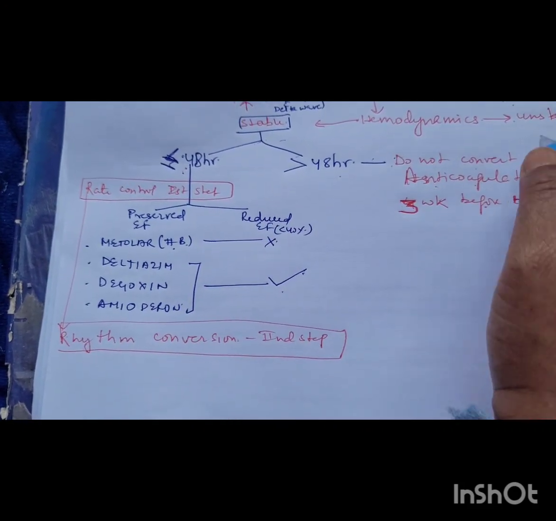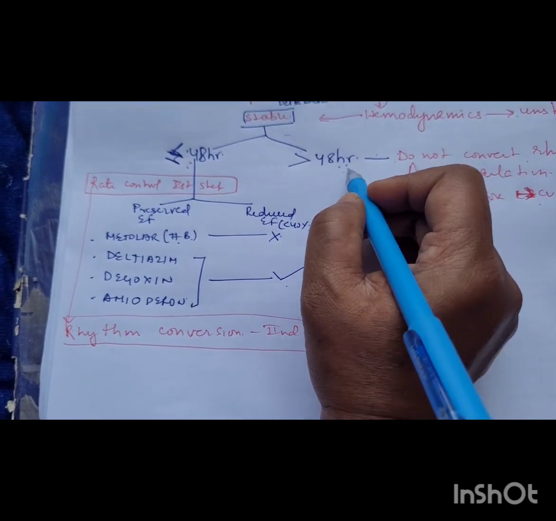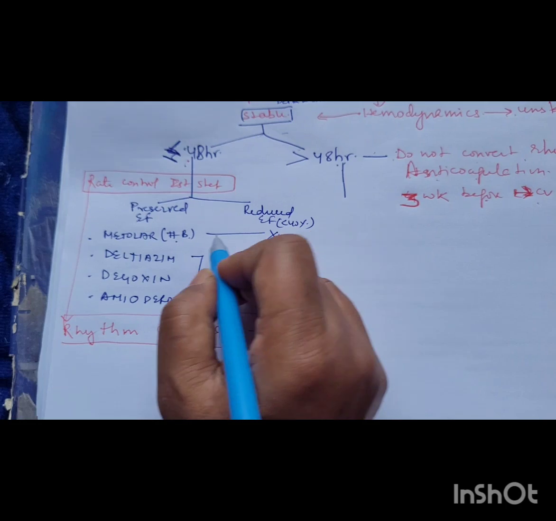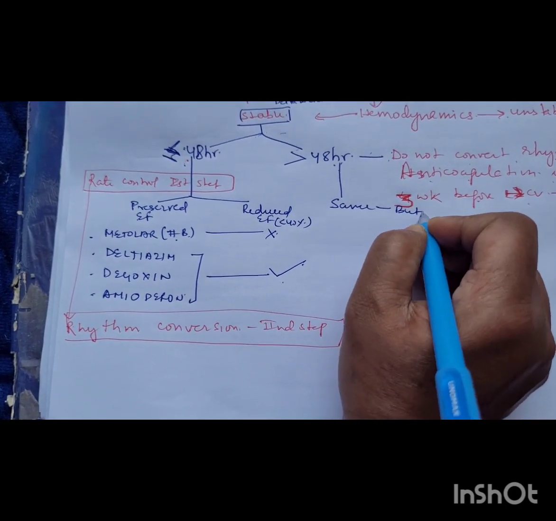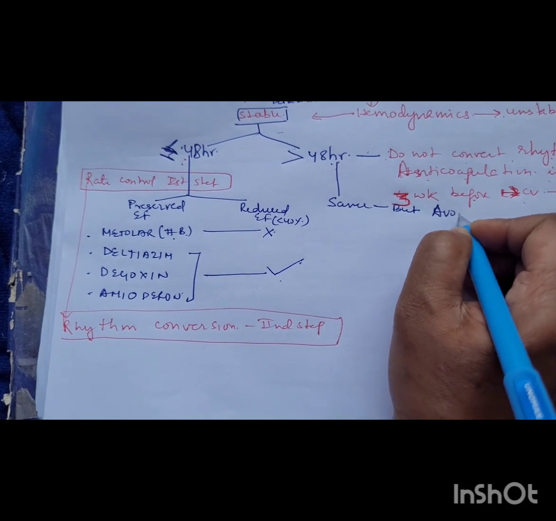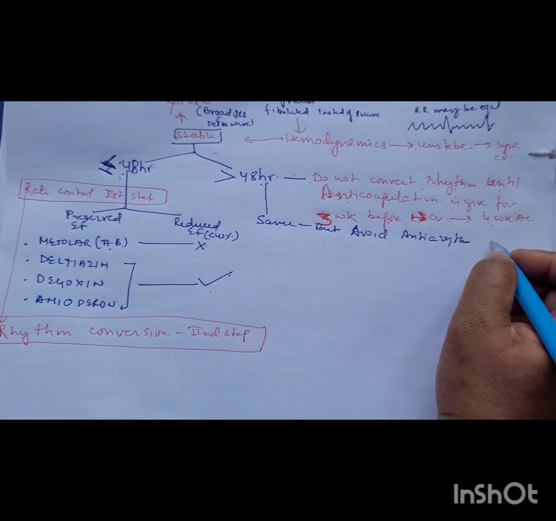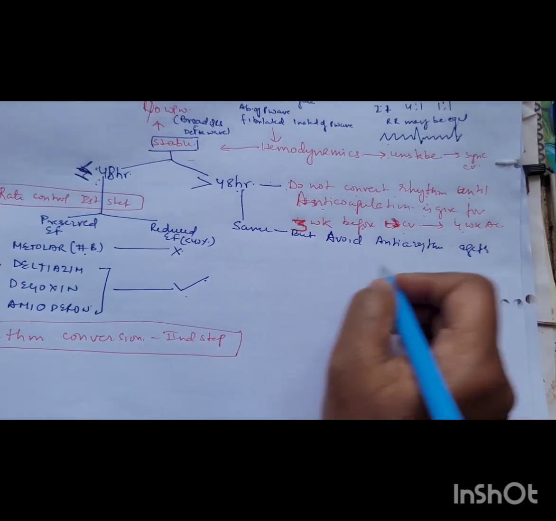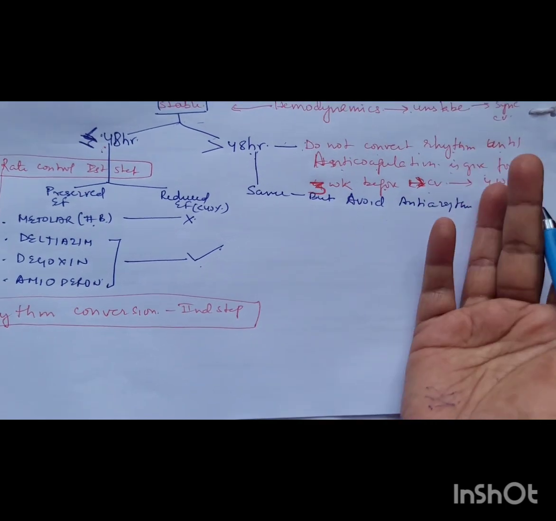same way, even for the greater than 48 hour also, the same thing can be done, but avoid anti-arrhythmic agents. So why? If it converts the rhythm, then there is a chance of embolic stroke.